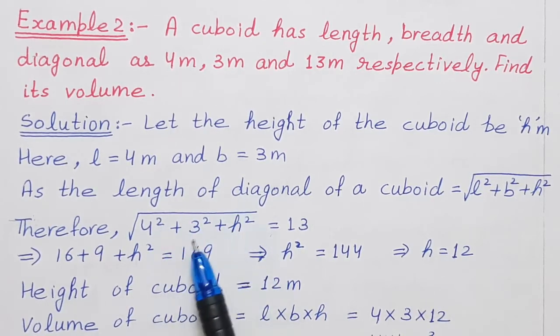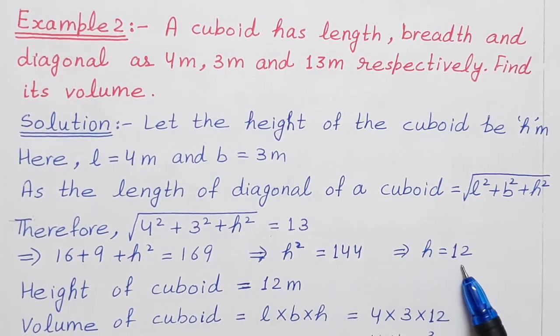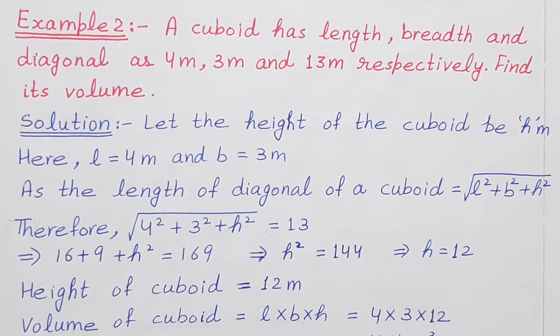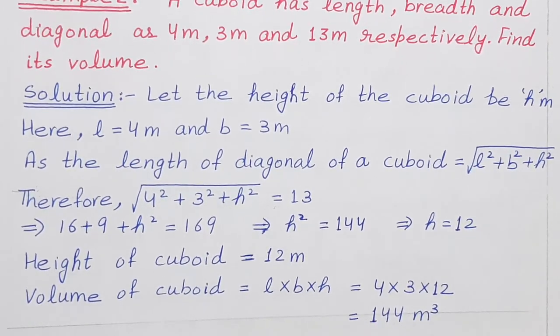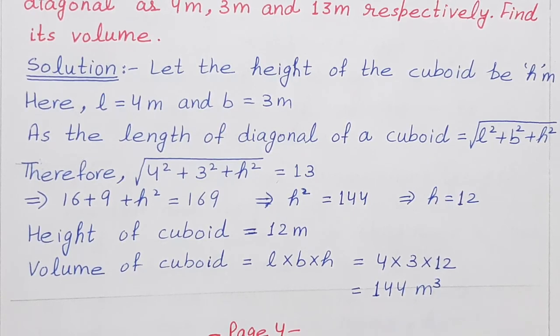That is already given equal to 13 meter. Clear? So let us solve this now. 4 square is 16, 3 square is 9, plus H square is equal to 169. So therefore H is 12. Hence the height of the cuboid is 12 meter and its volume will be equal to 4 into 3 into 12, that is 144 meter cube. Clear?